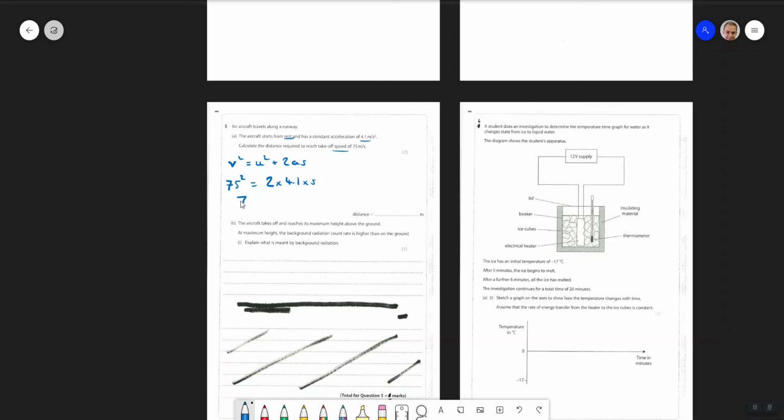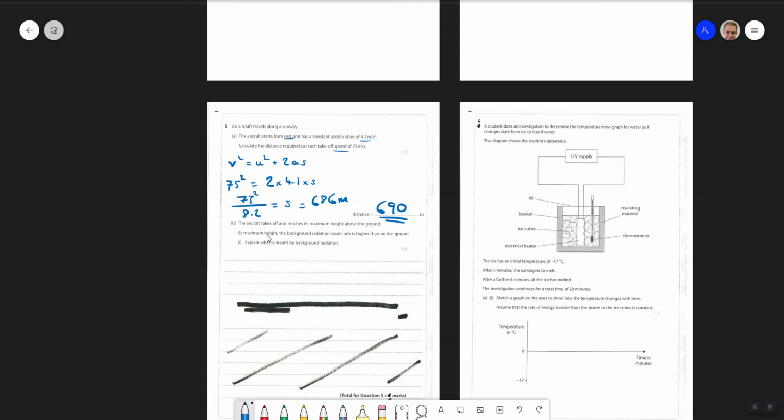So we get 75 squared over 2 times 4.1, which is 8.2, is equal to our distance. And that comes out as being around about 686 meters, or about 690 meters.